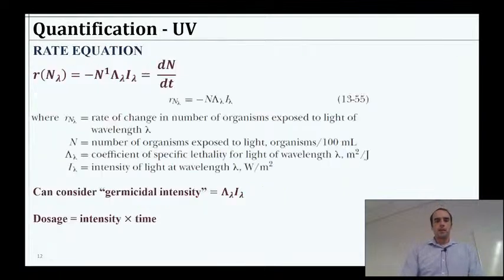Okay, so how do we quantify our rate constants for UV light? All of this is basically the same as we did with the chemical disinfectants, except that instead of a concentration of a chemical, we have some amount of light exposure.